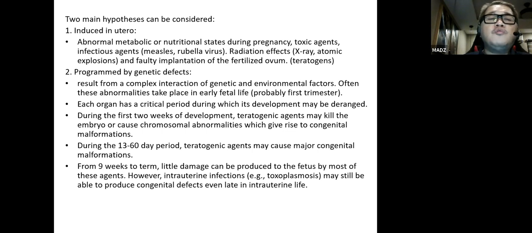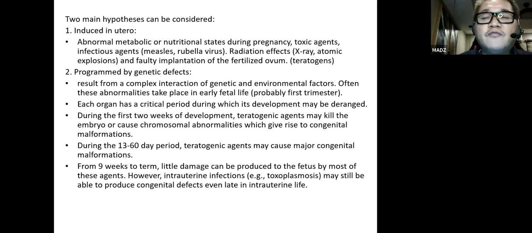So there are two main hypotheses that you consider as the cause. The first is induced in utero, and the second is programmed by genetic defects. Induced in utero: abnormal metabolic or nutritional states during pregnancy, toxic agents or infectious agents such as measles or rubella virus may cause a malformation.